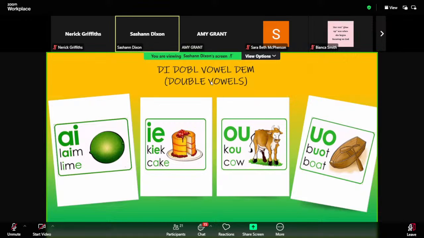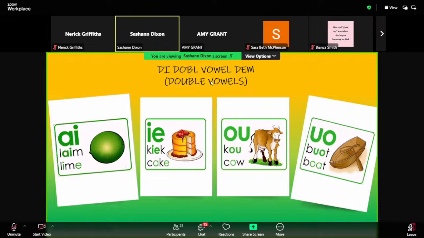It's not a short A sound, nor is it a long E sound where you have the same sound just a bit longer. In this case, we have the double vowels. And in essence, it's sort of two vowel sounds coming together to make one, because this is one sound. Each of them represents one vowel sound. But they're a bit different from the ones that you've been introduced to before.